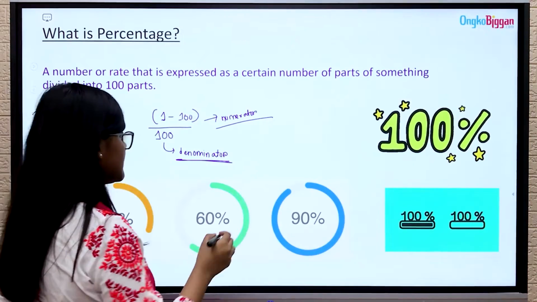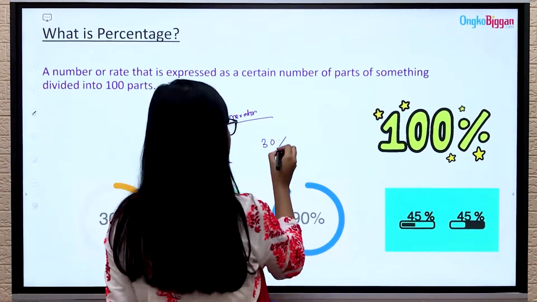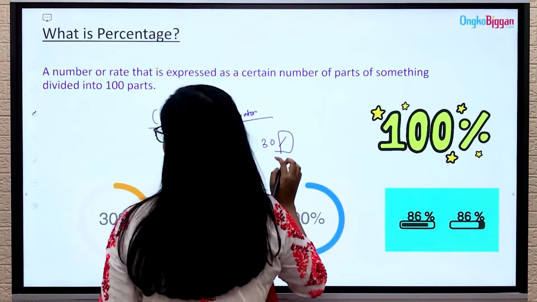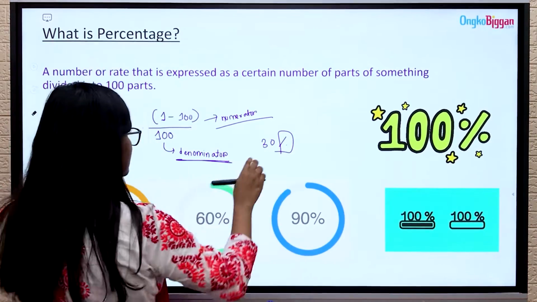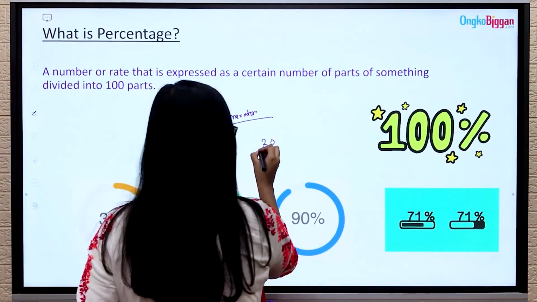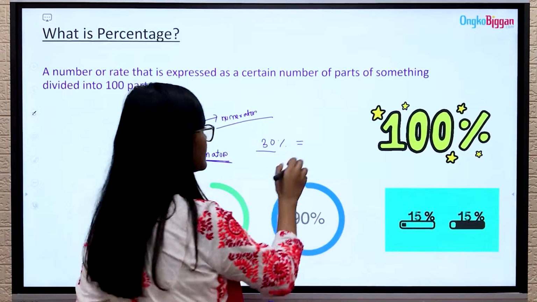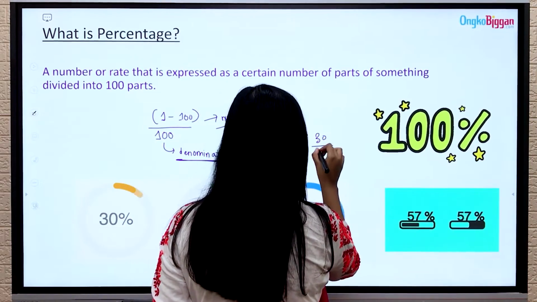That means 30%. When this type of sign is given, like 30%, you will assume that it is like this, 30 by 100.